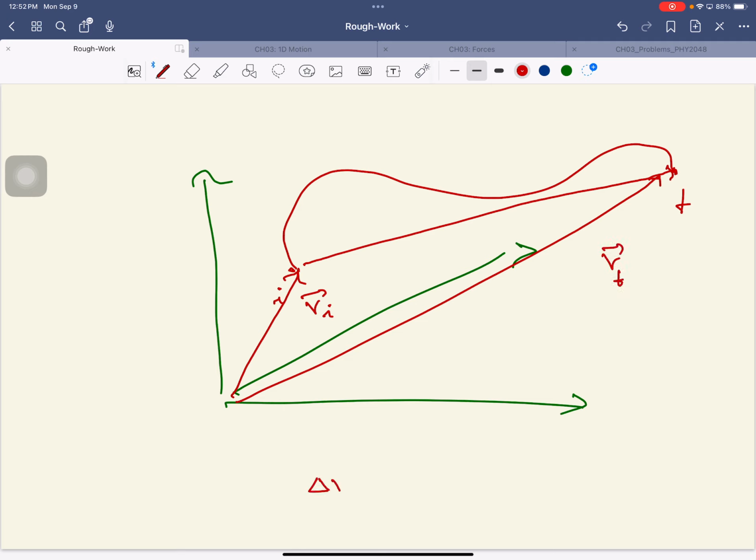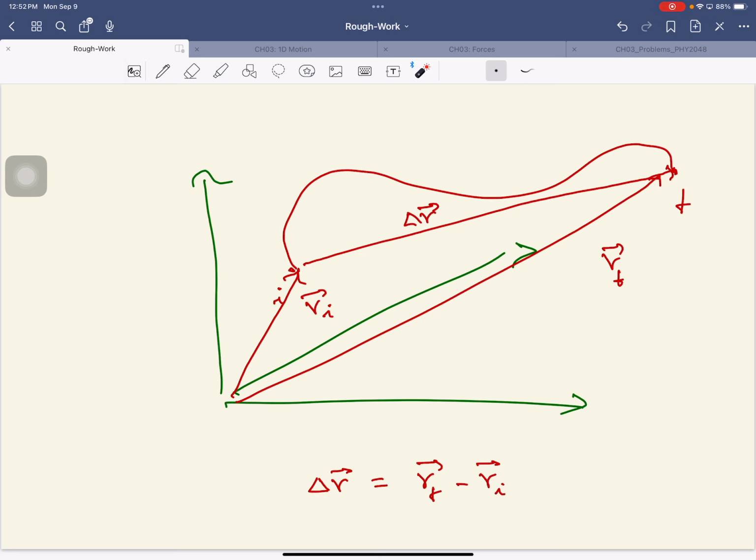And the displacement vector, which is written as delta r, change in r, is final minus initial. Change in any quantity is the final value minus the initial value. You can see this if you bring this over there. So this is delta r.